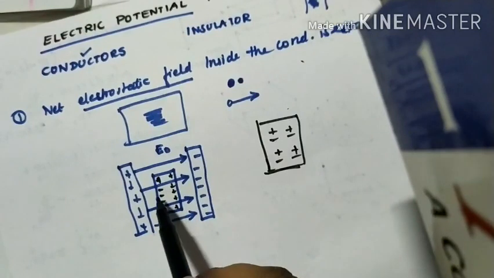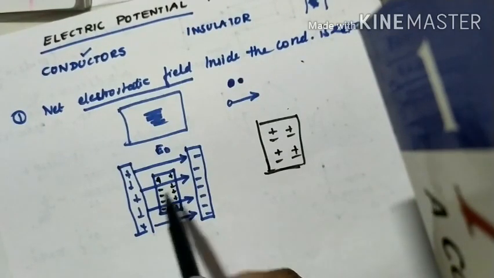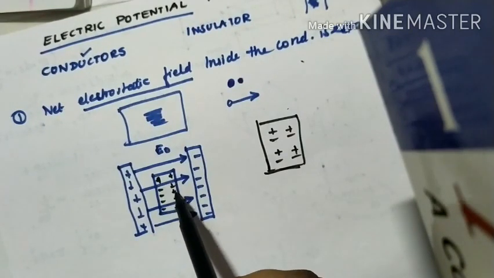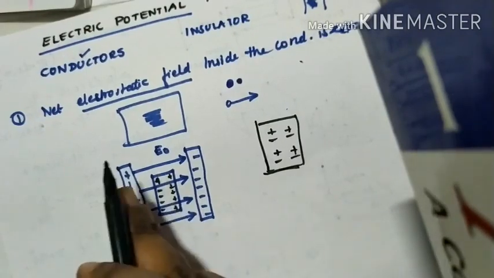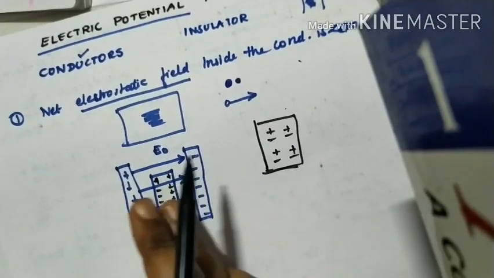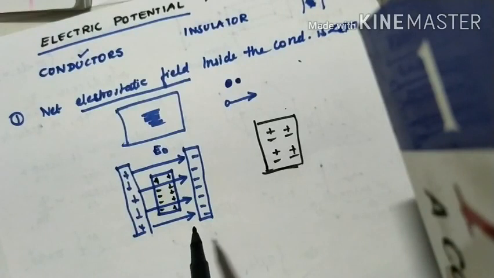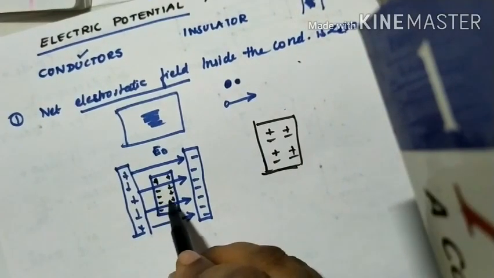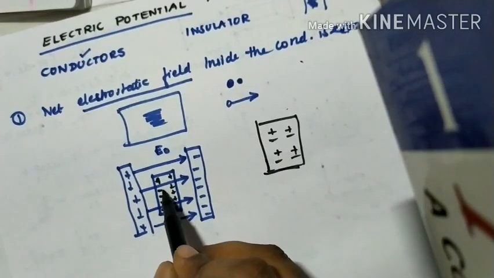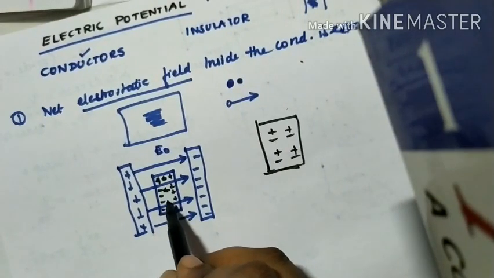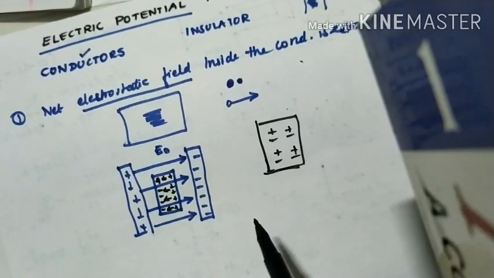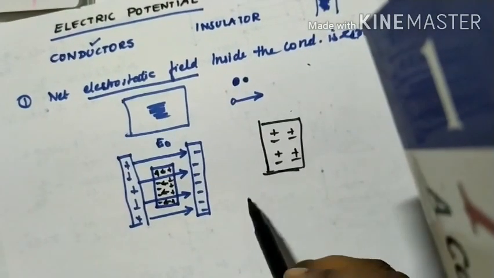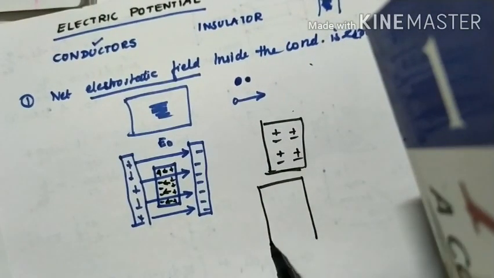Now the electrons, or negative charges, and the protons, or positive charges, inside the conductor are segregated or separated by a small distance. That means the separated charges can generate their own electric field. It's very small. I'm going to draw it again here.